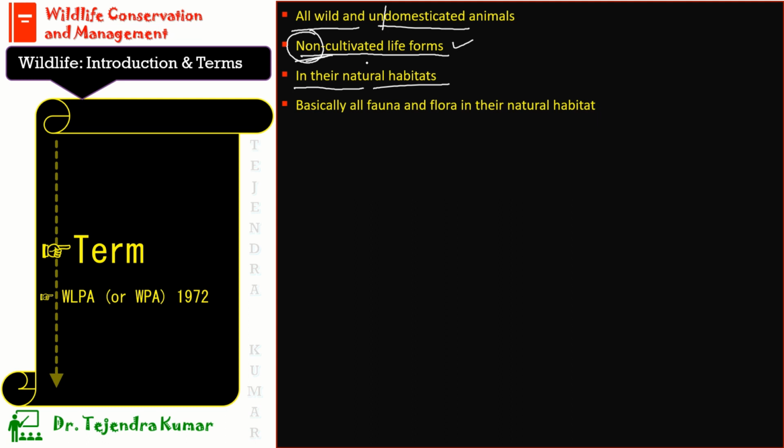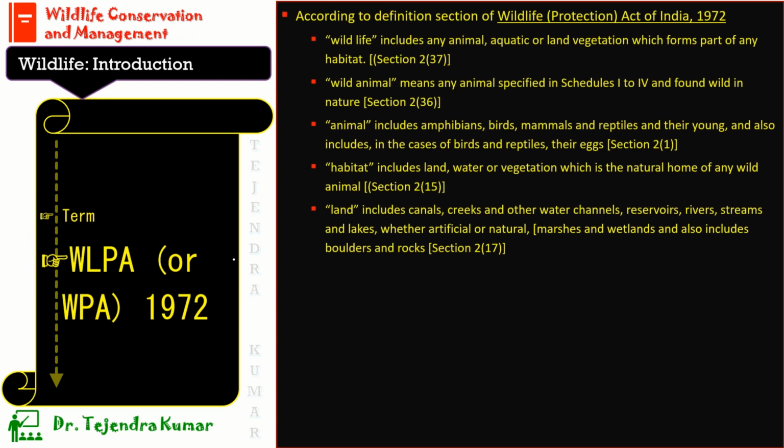We generally say they should live in the natural habitat, but it doesn't mean that if we are culturing in a lab, it will be counted as wildlife. No, it will not be counted. Basically, all fauna and flora in their natural habitat, living or growing by default naturally, will be called wildlife. Okay, let's see the next.